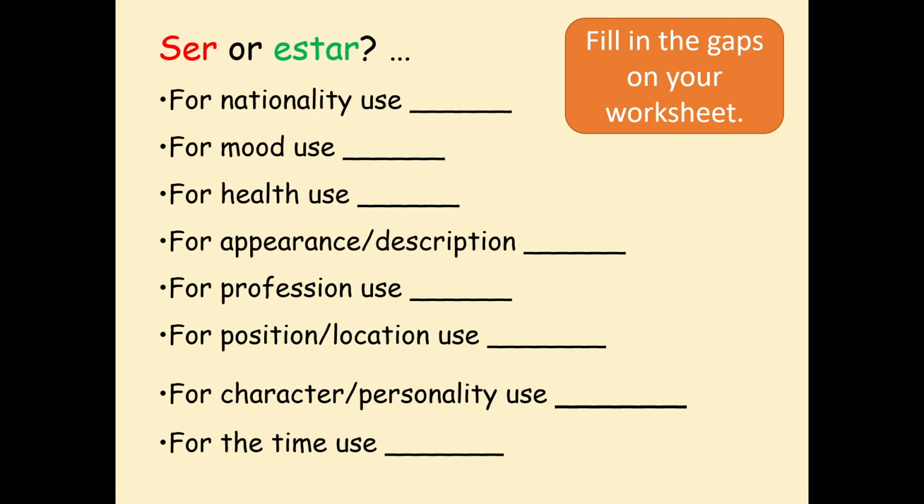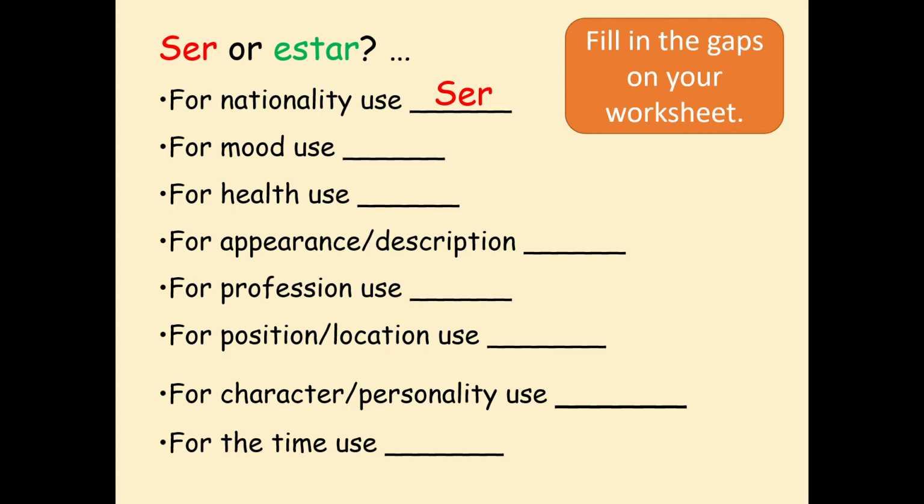The first one, I've already given you a hint before when we were talking about where people were from. So this is their nationality. We were using the verbs soy, es, and son. Have a think, pause the video, and then play it again when you're ready for the answers. Okay, lovely. So, nationality, we use ser because it's a permanent thing.